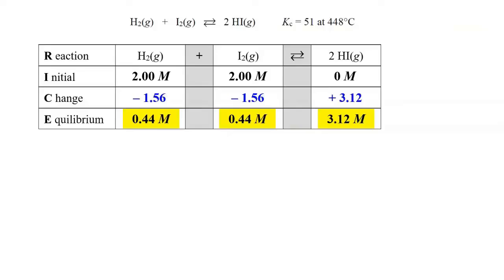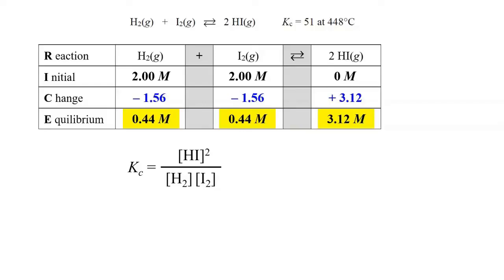Now, just to verify, just to make sure that these three numbers for the concentration of reactants and products at equilibrium actually represent an equilibrium system, let's take these three numbers and plug them into the equilibrium constant expression. What I'm hoping for is a number that is pretty close to 51 to show that this would represent an equilibrium system.